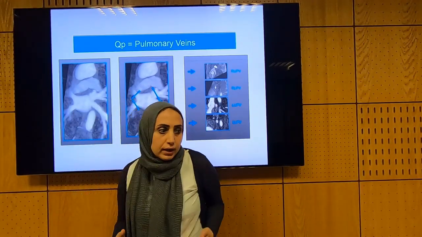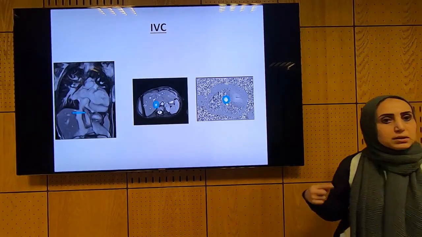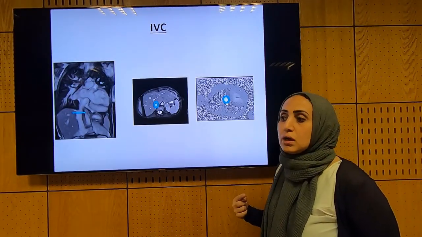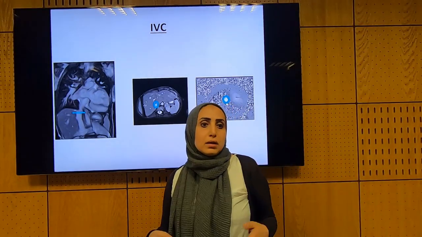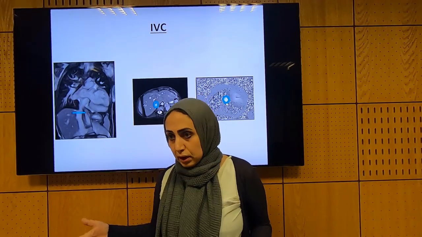It might be too much detail, but it will help us in the coming lectures. What we mean by QS is the systemic flow, not the flow in the aorta. And what we mean by QP is the flow towards the lung, not only the flow going through the pulmonary artery.